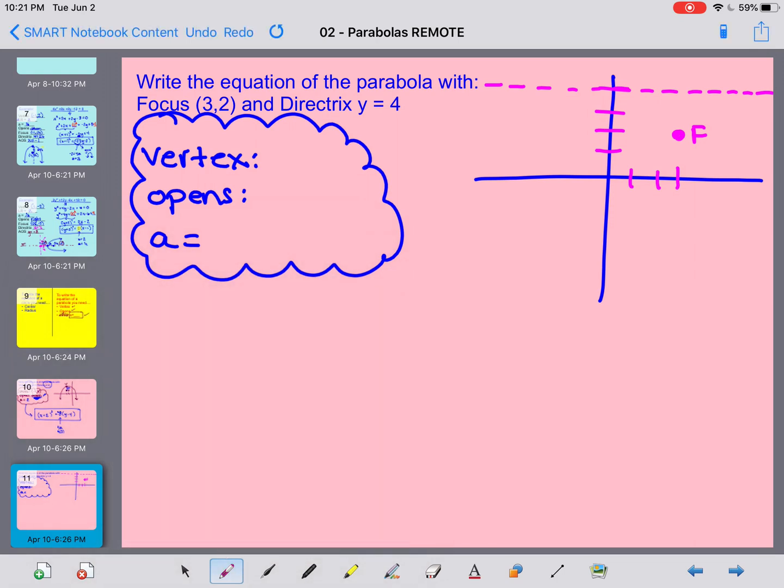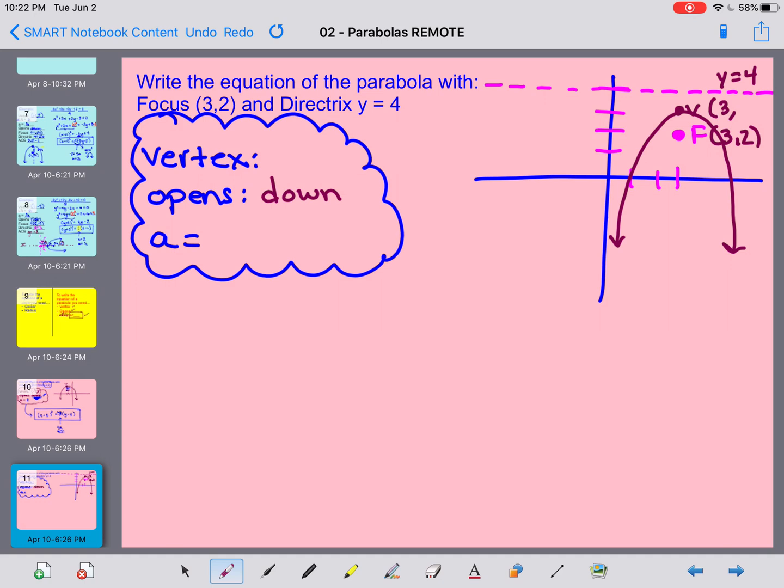Where would my parabola be? Based on the definition, directrix and focus, the vertex would be right in the middle of those 2 things. And then it would look like this. So we've got another one that opens down again. I should have switched it up. Sorry about that. Okay, so if this focus is at 3, 2, and this directrix is up at y equals 4, where would the vertex be? Well, the vertex is on the same line as the focus, so 3, and then it's halfway in between the focus and the directrix.